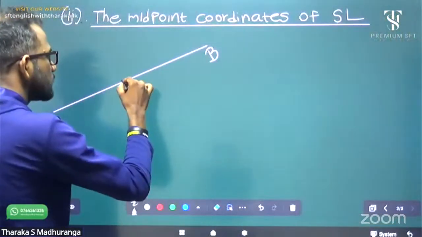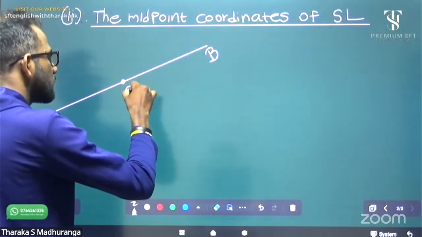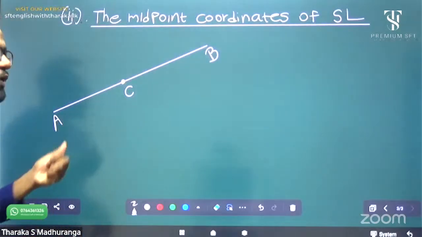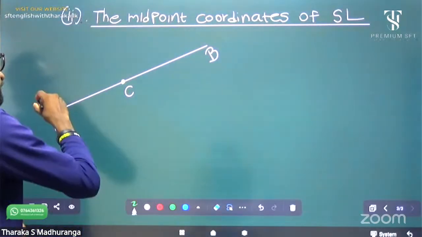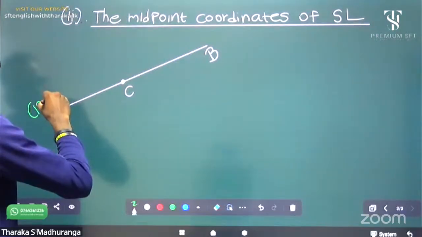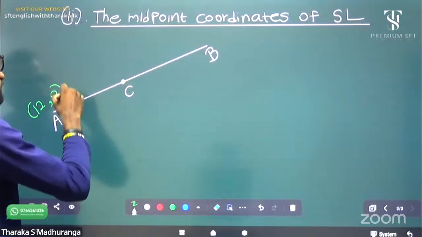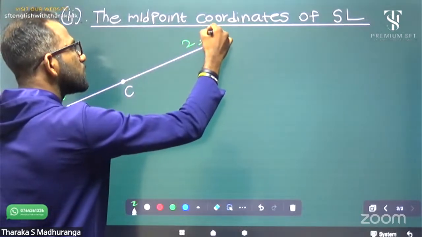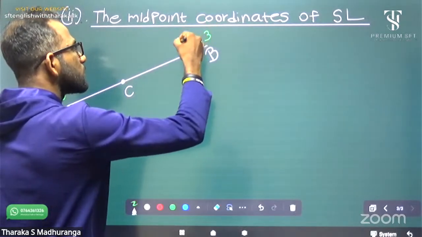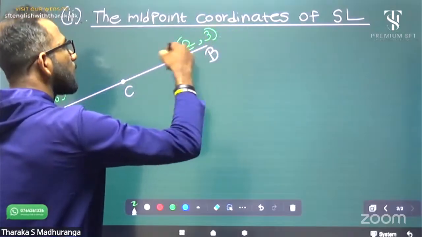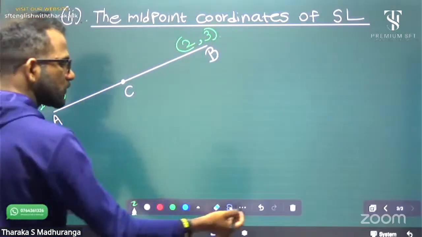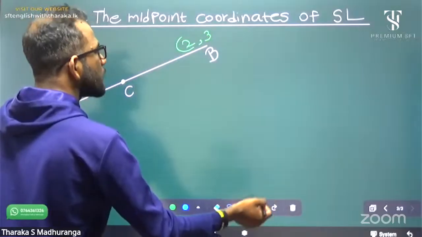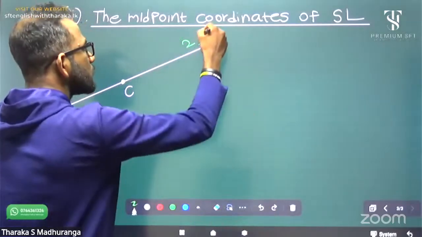Think it is C. Now the A point coordinates, think they are 12, 8. B point coordinates 2, 4, write down for easy calculations, only for the first one.